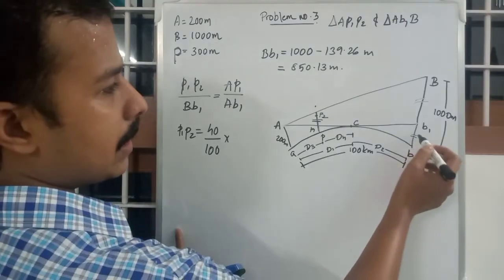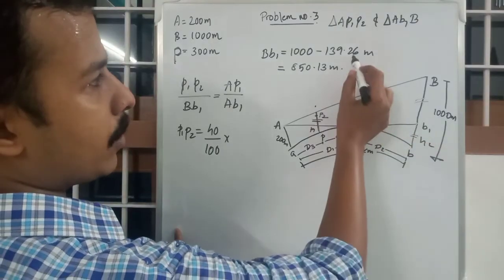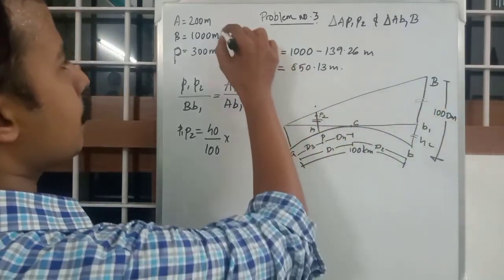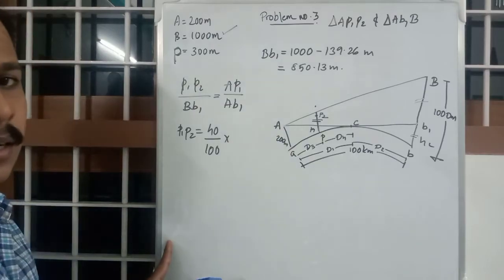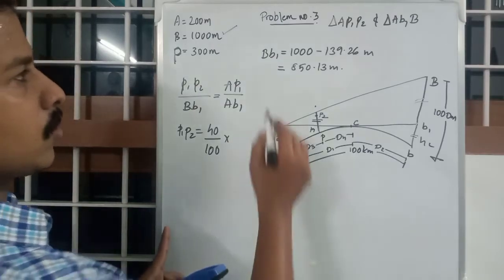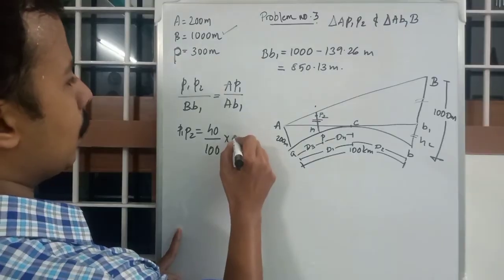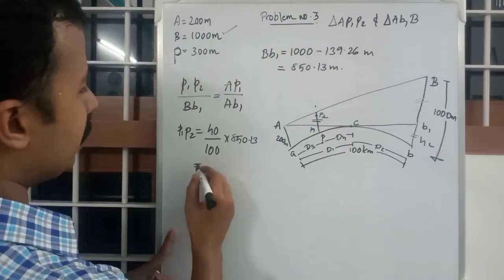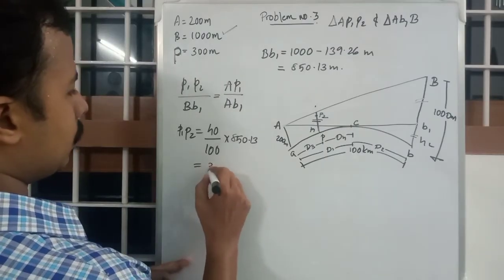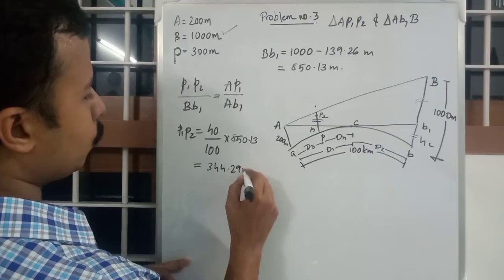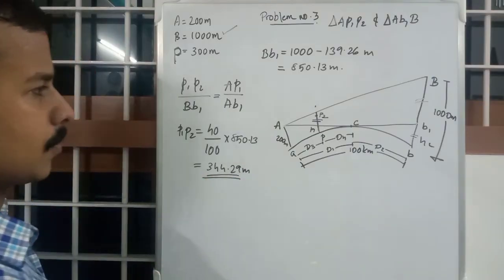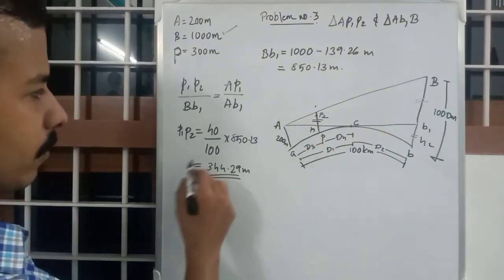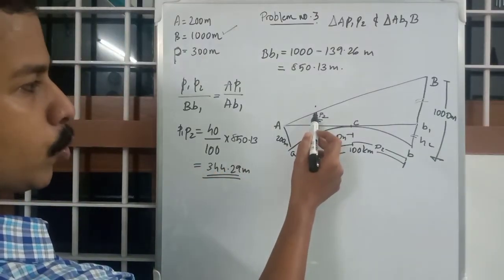So using that value 139.26, we found BB1, because we know the total height of B is 1000 meters. So we have BB1 as 850.13. So P1P2 is 344.29 meters.